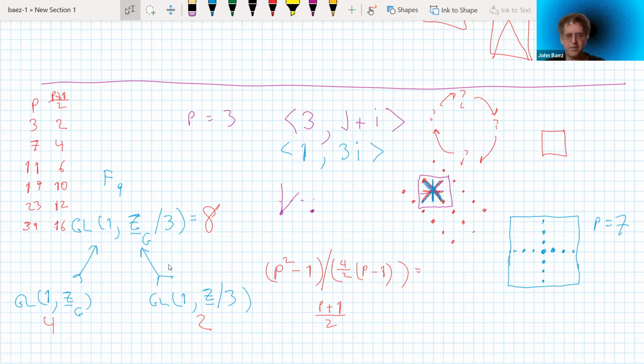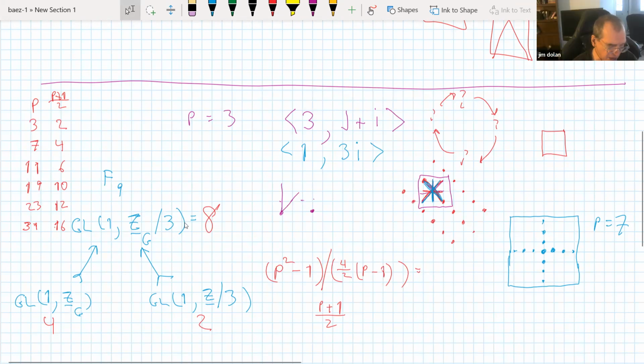No, I was thinking about the Gaussian. Oh, you were thinking about the Gaussian, and how that top group there. Oh, yes. Right. That top group is going to be something about a Galois group.